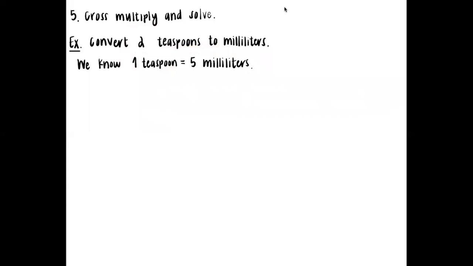Remember the way that we set up the fractions, what you're converting to will be the top of the fraction. So we are converting to milliliters, so that implies that milliliters will be on the top. So if we have our conversion factor, we have 5 milliliters, and we know that that is equivalent to 1 teaspoon. So that is one side of my proportion.